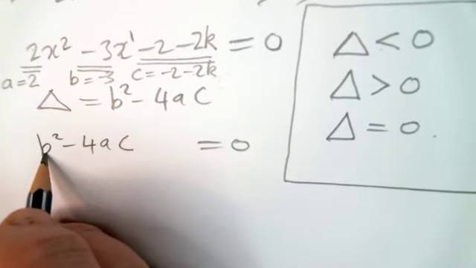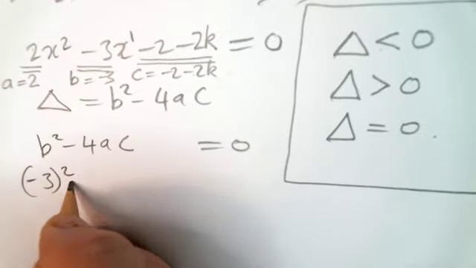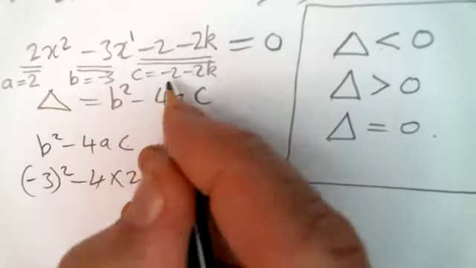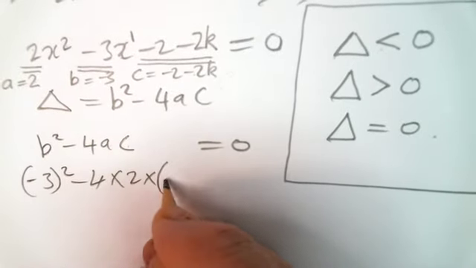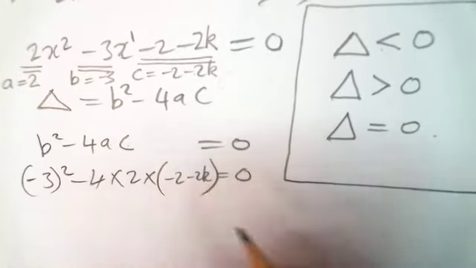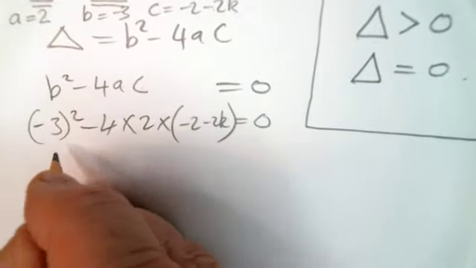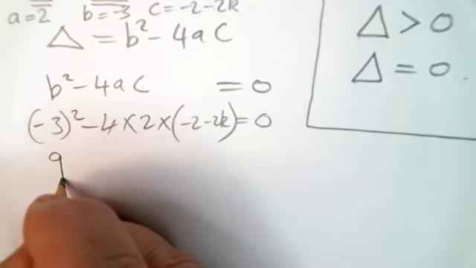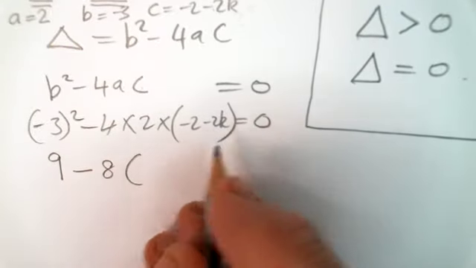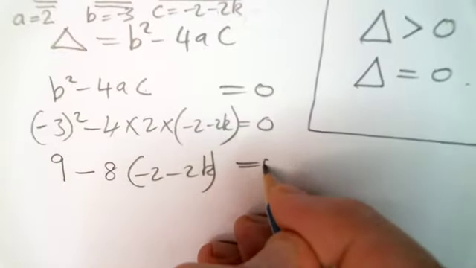So first of all, b squared. What's b? b is -3, so I'm going to put -3 all squared minus 4 times a, well, a is 2, times c, well, c is going to be, I'll put in brackets, -2 minus 2k, equals 0. Okay, let's simplify this a little bit. -3 squared is 9, minus 4 times 2 is going to be -8, times -2 minus 2k, all equaling 0.